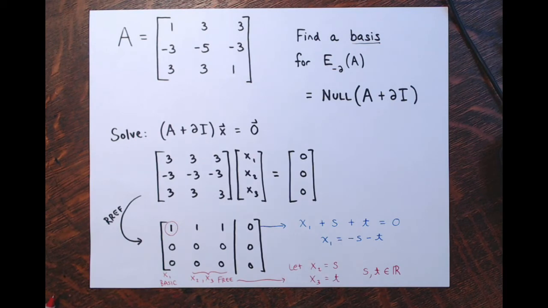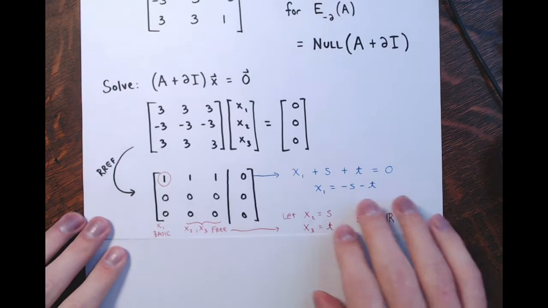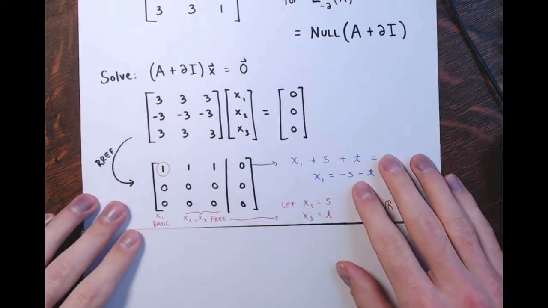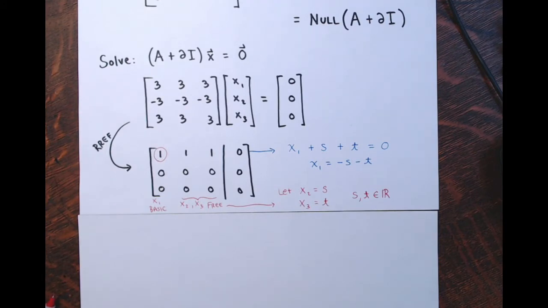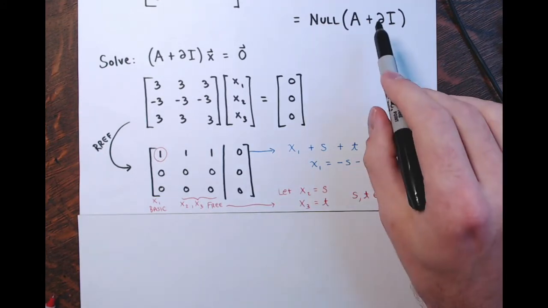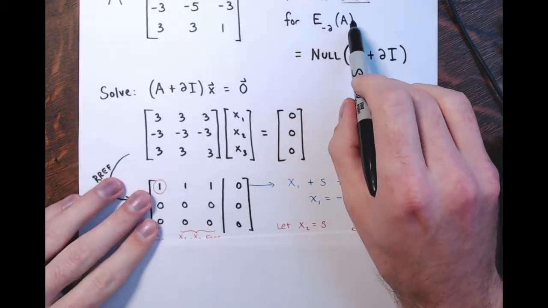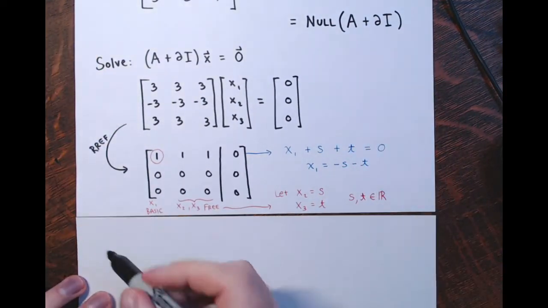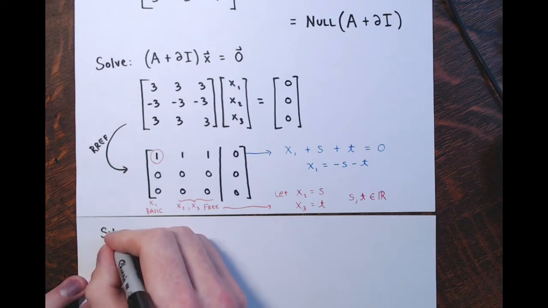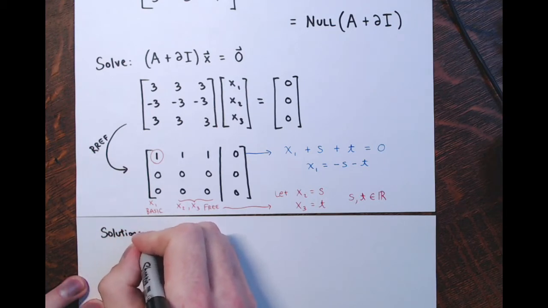So there we have it, right? Now I can state the solutions to this equation, A plus 2I times x equals 0, and therefore find the null space of A plus 2I, or this eigenspace of A corresponding to -2. They're all the same. So the solutions are the following vectors, right?